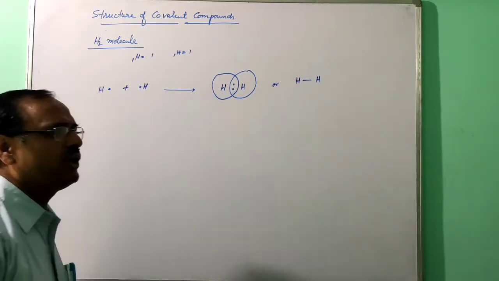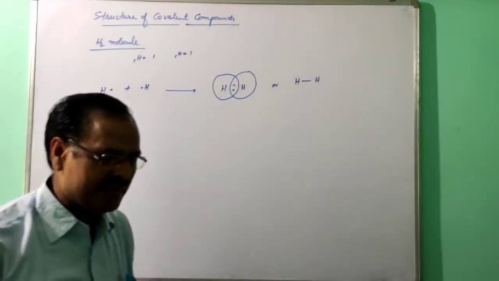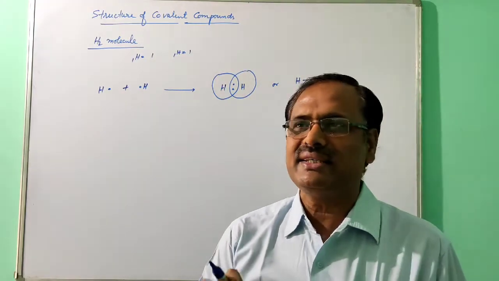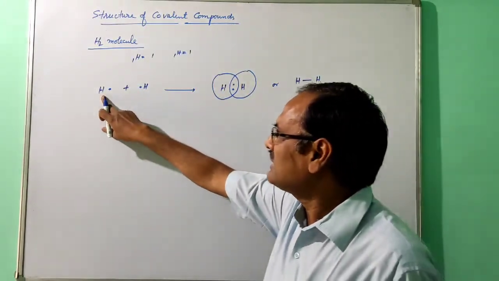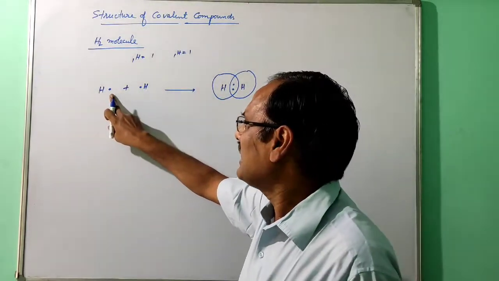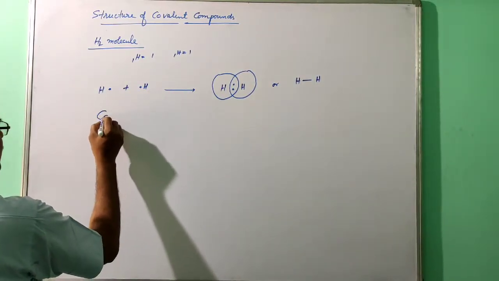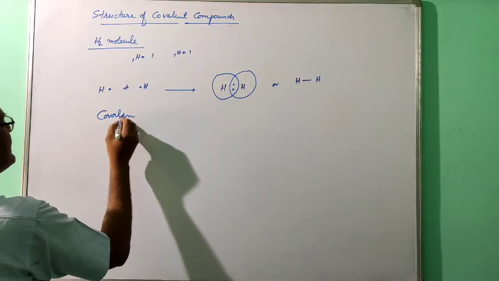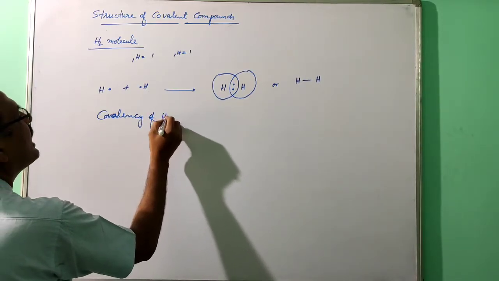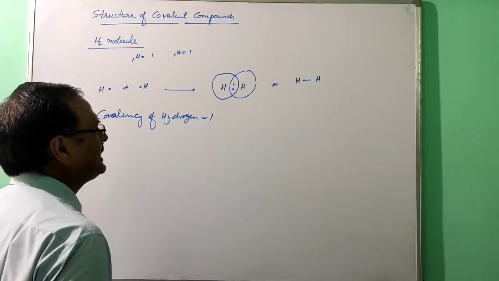Now here is a question for you: what is the covalency of hydrogen? In covalency I have given you the definition: the number of electrons contributed by each atom in the sharing. So in this bonding, each hydrogen atom is contributing 1 electron. That's why the covalency of hydrogen is 1.